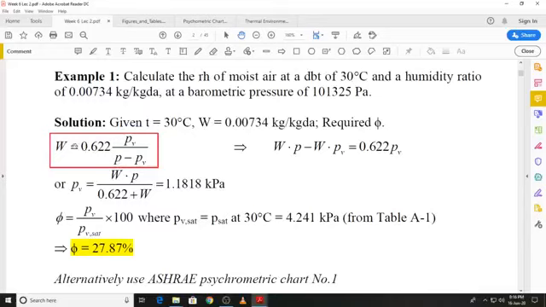So you just cross multiply, and the resulting equation will be shown over here. And now we can take the second term on the left hand side and move it onto the right hand side.